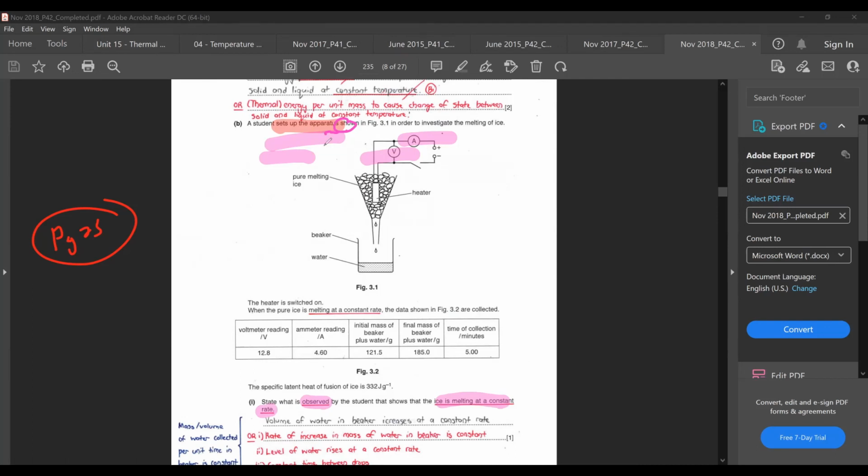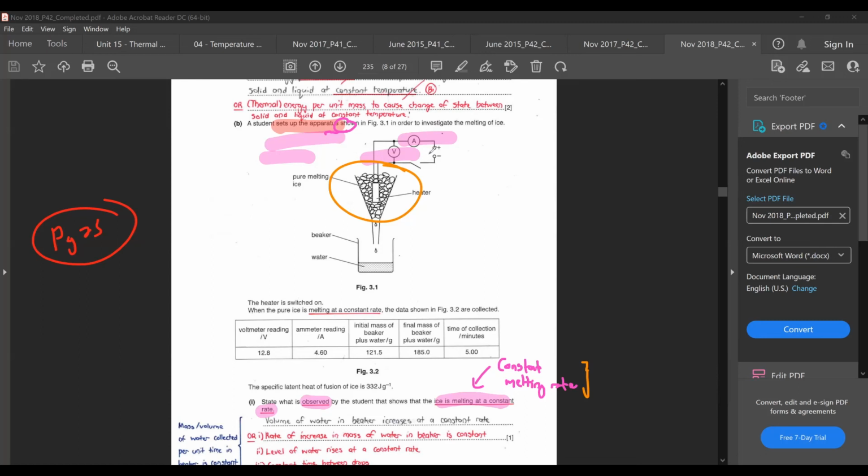Ice melting at a constant rate here is referring to a constant melting rate. So if you know it's a constant melting rate, what does this imply to you when you're talking about melting ice?